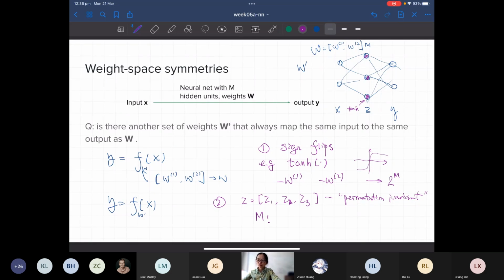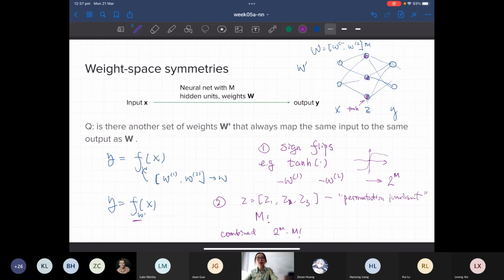So these two combined lead to 2 to the power of m times m factorial different weight combinations that lead to the same function. So not only is there at least one other function that represents the same input and output, but there are combinatorially many.